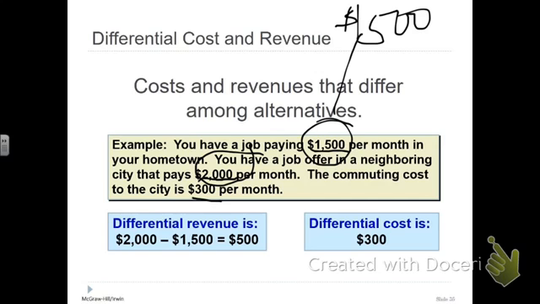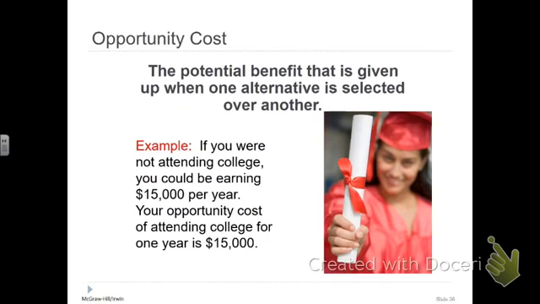You also have to incorporate that the commuting is going to cost you $300. So after all is said and done, you're only going to have $200 in this case of additional income. So it's going to raise your income, yes, but is it going to raise it substantially? I'm going to argue no. Why? Because it's only $200, not the full $500.